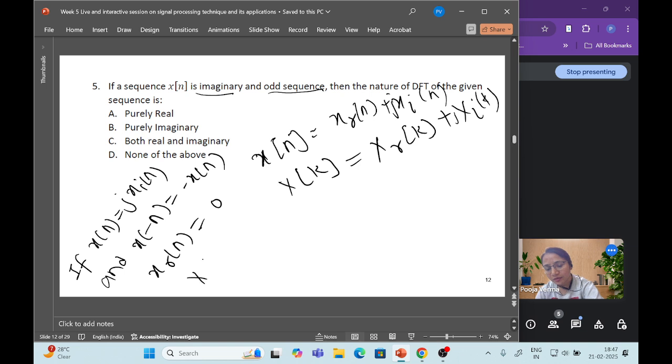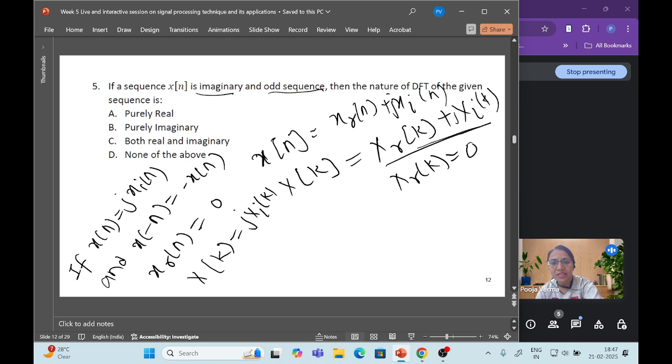Similarly, we already know that the DFT is complex, containing both a real and an imaginary part, right? Then if we take these two, the DFT will also be imaginary only: x of k must be j x i of k, because x r of n equals 0, so x r of k will be 0, the real part will be 0, because we are finding for imaginary and odd sequences only, right?